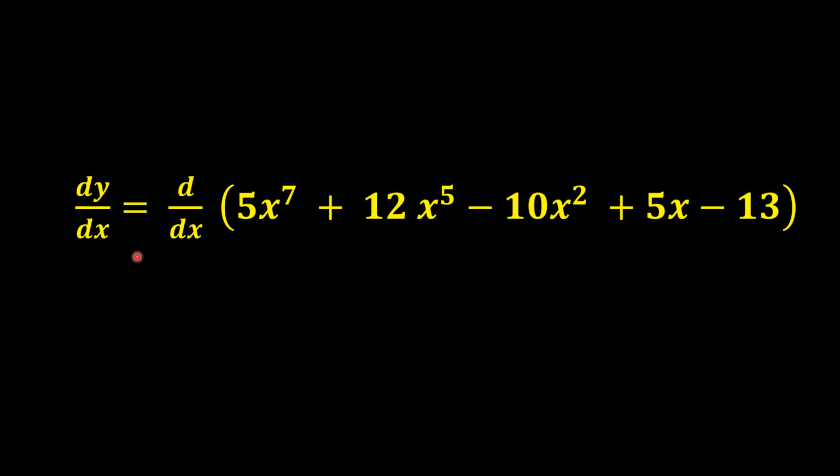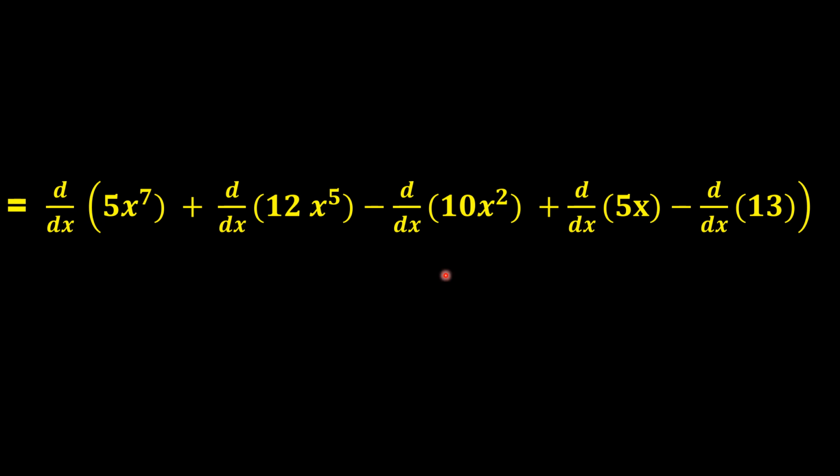The derivative of y with respect to x is equal to, this is what we will get the derivative of, the derivative of 5x to the 7th plus 12x to the 5th minus 10x squared plus 5x minus 13 with respect to x. And then let's find the derivative, or we will write or show that we will find the derivative of every term in the given function.